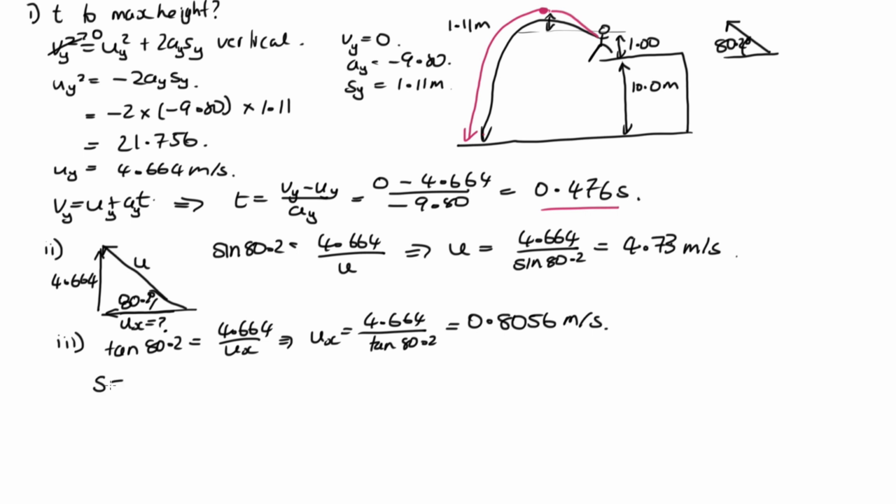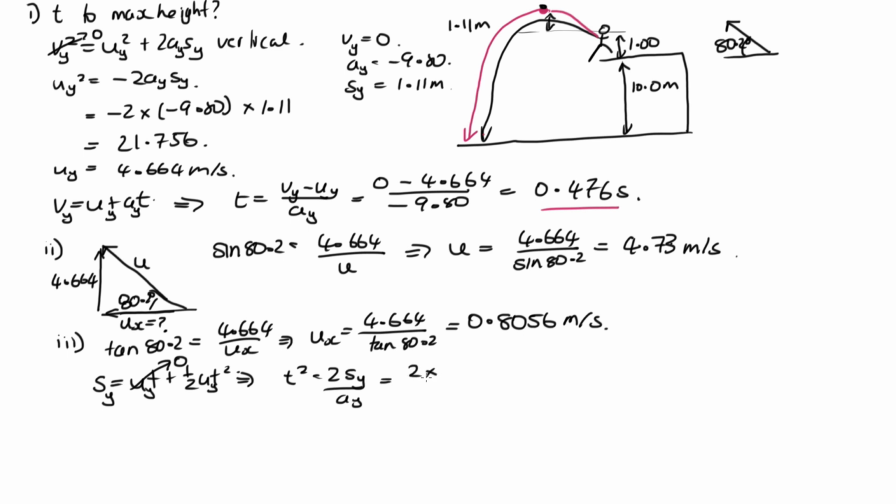I can use s is equal to ut plus a half at squared, and I'm doing vertical, so I'll put my little subscripts y. Now we're considering the time from here to here. Up here the vertical speed was 0, so this term is 0, and I can rearrange this: t squared is equal to 2 sy over ay.